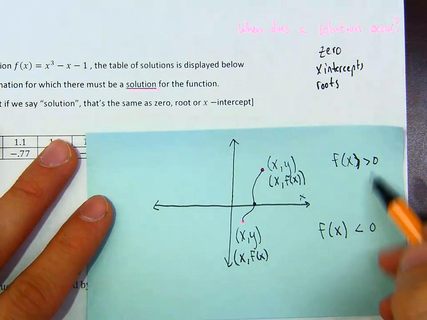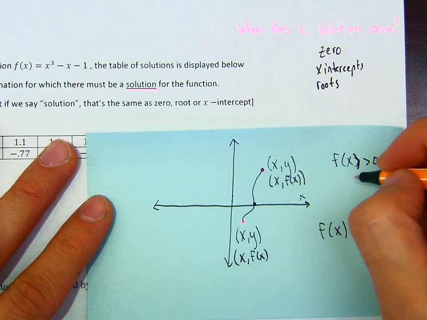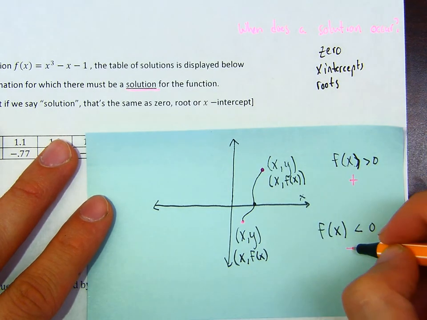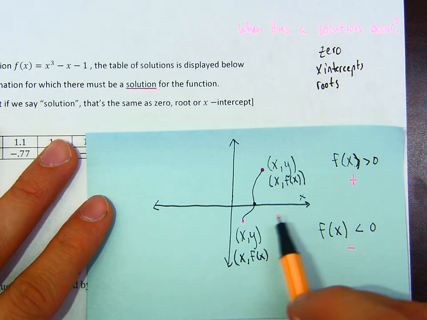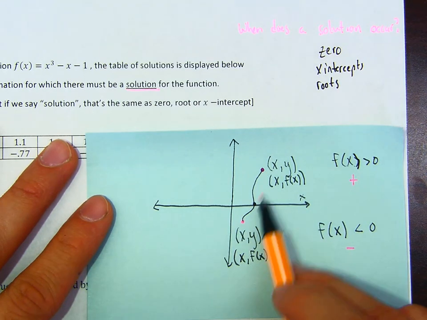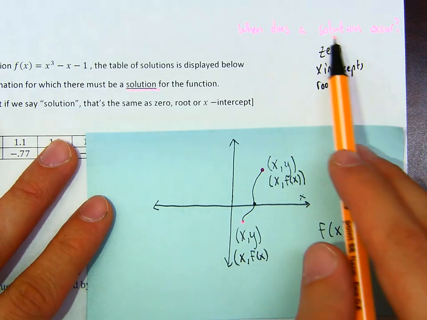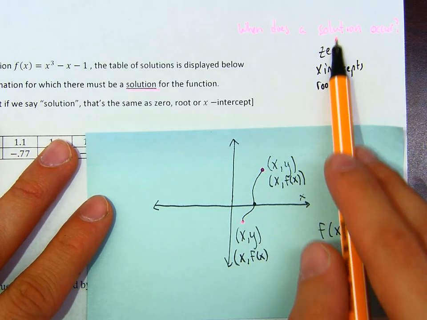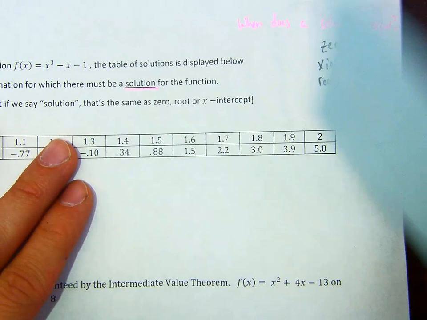So if you have a continuous function, one of the values has to be positive and one of the values is negative. If you have a point that goes from negative to positive, or positive to negative, then a solution will occur. And that's what we need to look at over here, okay?